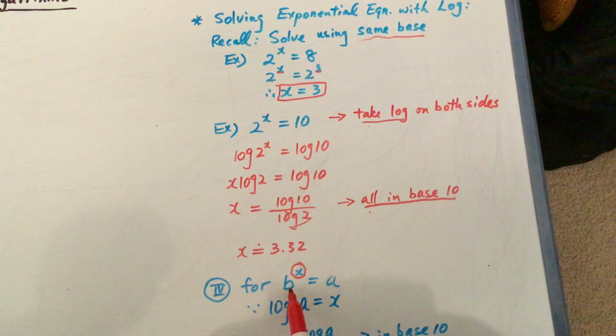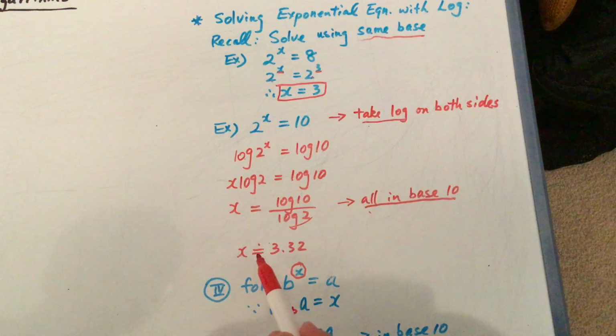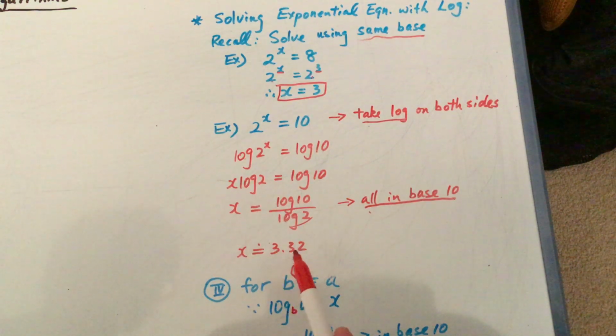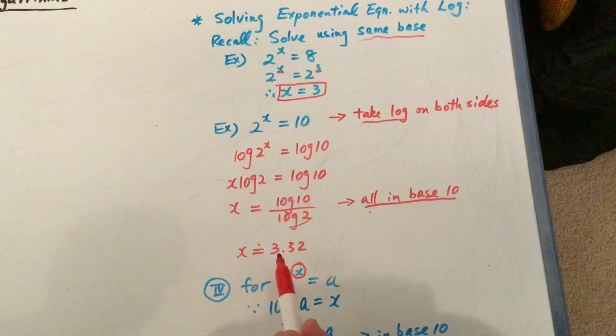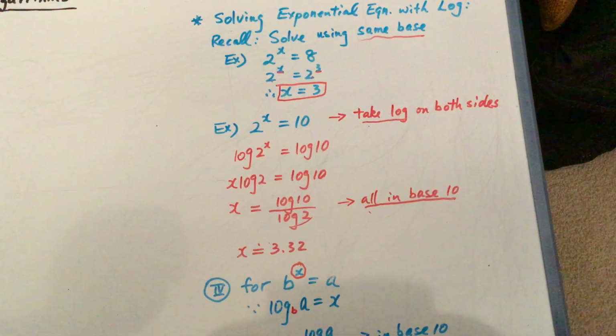So when I have b to the x equal to a, then x must be equal to log a divided by log b. And this form is what we call the exact form. Usually we want you to leave the final answer in exact form, unless we ask for approximate form, and then you're going to use your calculator to calculate that in decimal. Okay, so this is going to be in approximate form, but this is going to be in exact form.